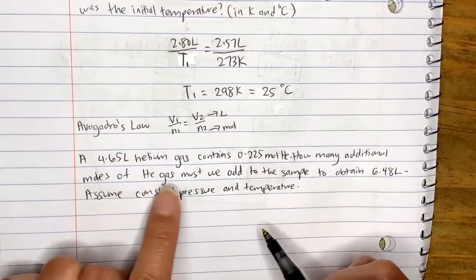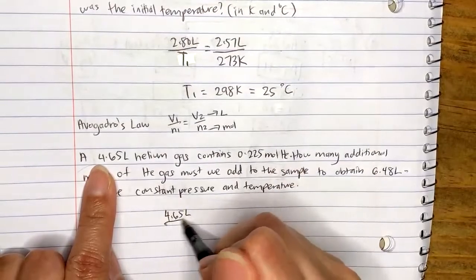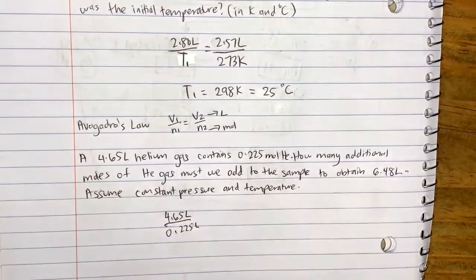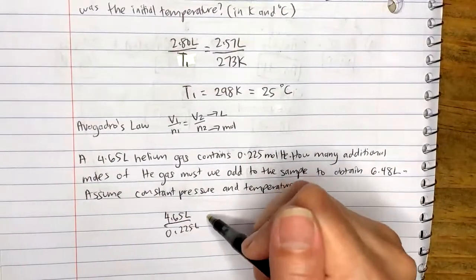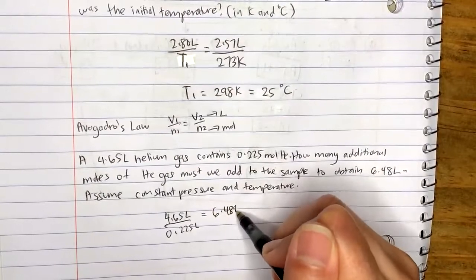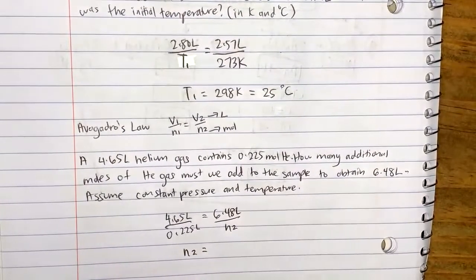So V1 is 4.65 liter over N1 is 0.225 moles, okay? And then V2 is 6.48 liter over N2. So we have to solve for N2 here.